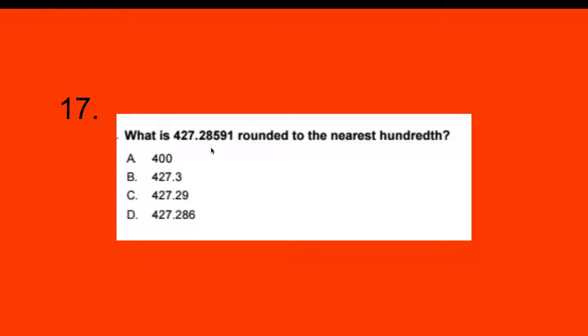I have to look next door. I look at the 5. Is it 5 or greater? Yes. Therefore, I have to add 1 to my 8, and 8 plus 1 is 9. If you look at your rounding notes, you can add zeros all the way back here, but the digits in front must stay the same. So I should have 427 and 29 hundredths. Please make your corrections on your sheet.